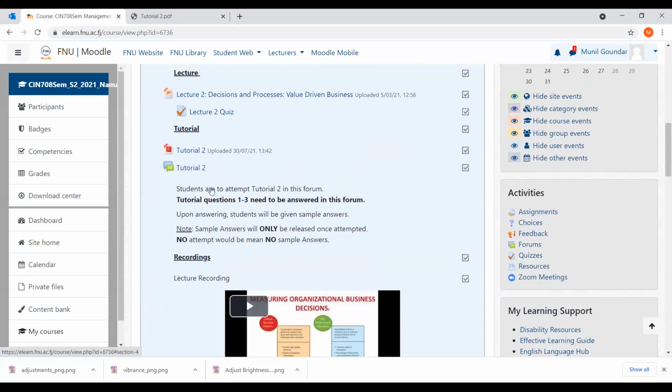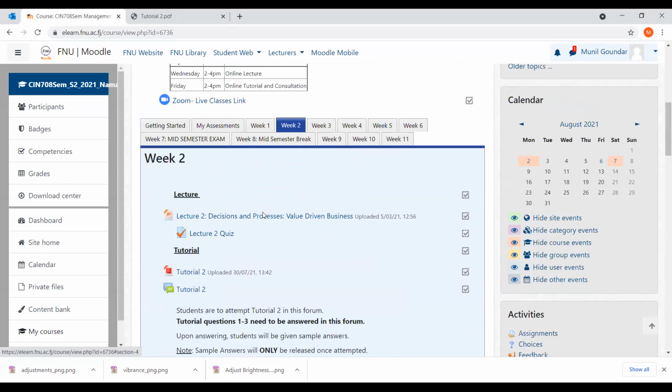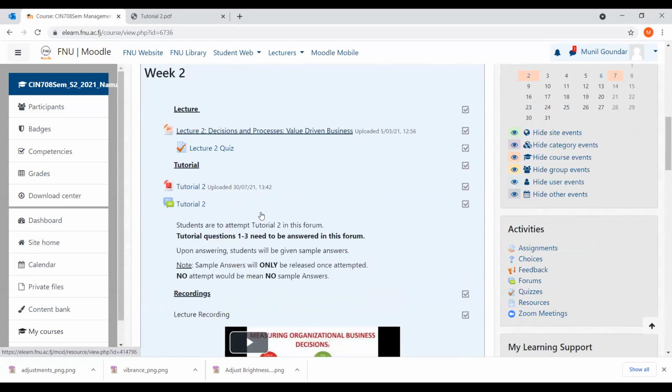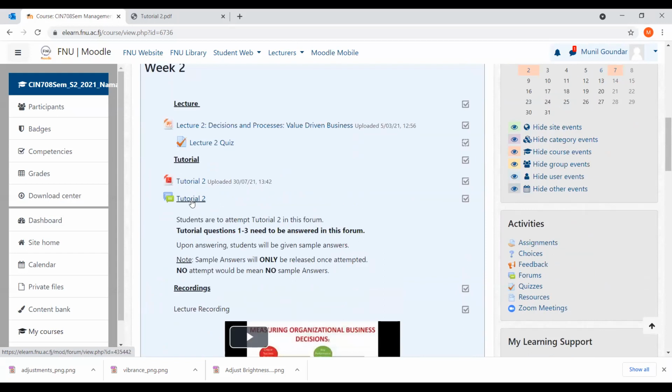Moreover, for this particular class, we'll be going over our tutorials. Tutorial 2, questions 1 to 3, you had to answer in the tutorial forum. If you have answered it, thank you very much.